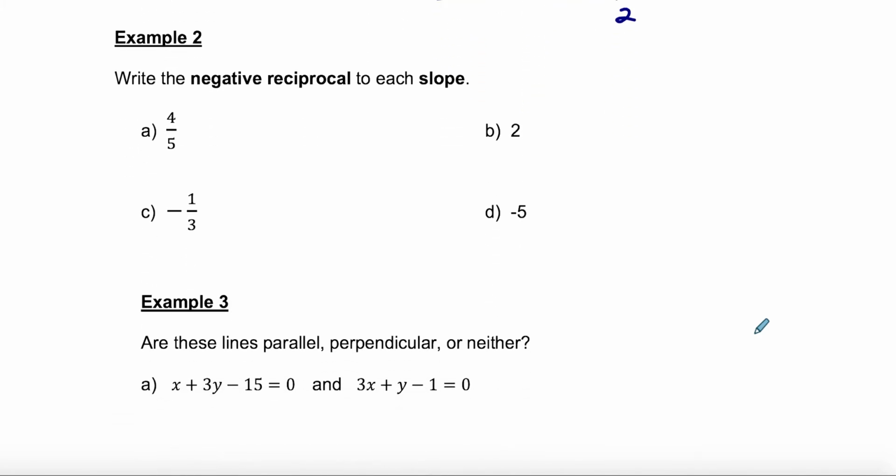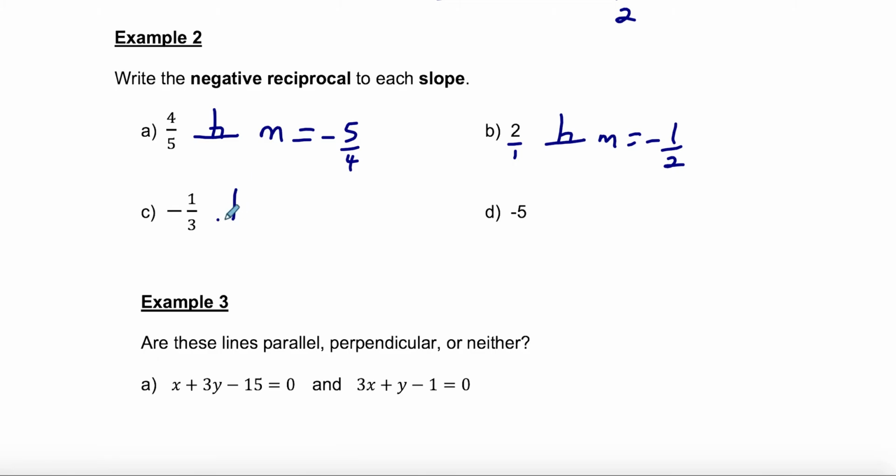Example 2, write the negative reciprocal to each slope. So the perpendicular line would have a slope of negative 5 over 4. You have to remember 2 is the same thing as 2 over 1. So the perpendicular slope would be negative 1 over 2, upside down.